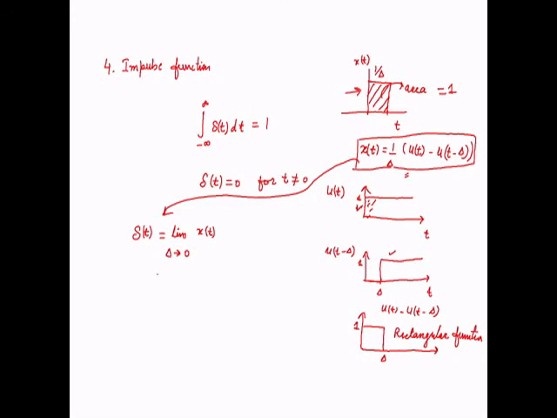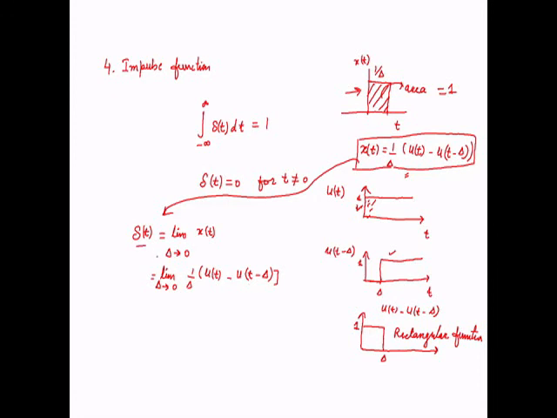So we can have the limit delta tends to 0 of 1 by delta, u(t) minus u(t minus delta). So this is the delta function we are having.